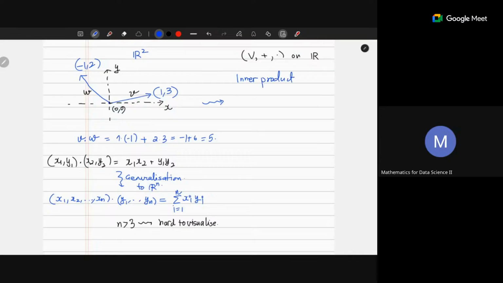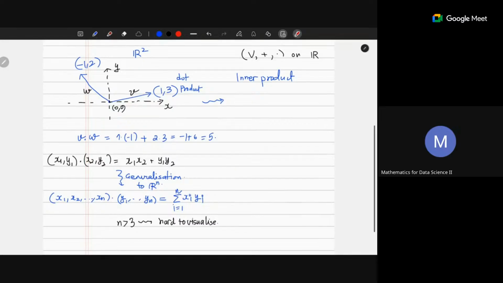Okay, so this gives me something which is called inner product. So dot product here is inner product in the vector space, right? And inner product, as you notice in the case of dot product as well, is a function from V cross V to a real number R. It produces a real number, right?